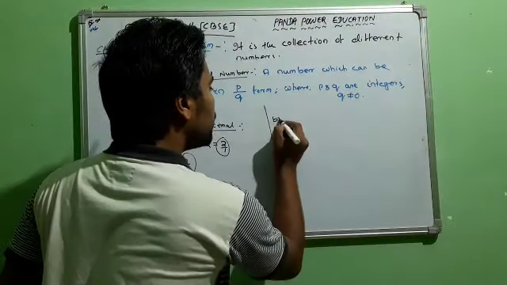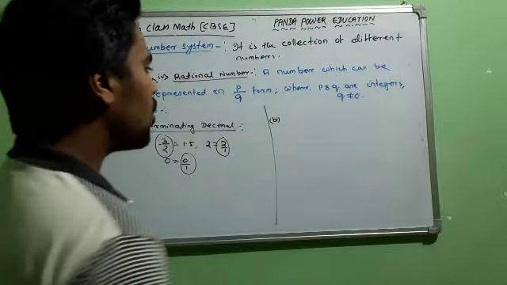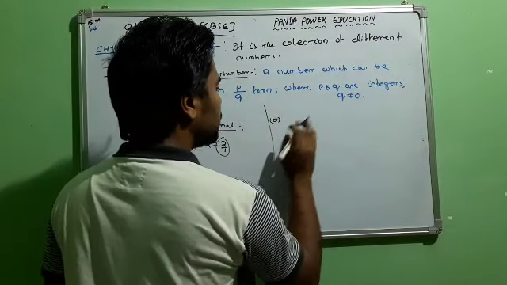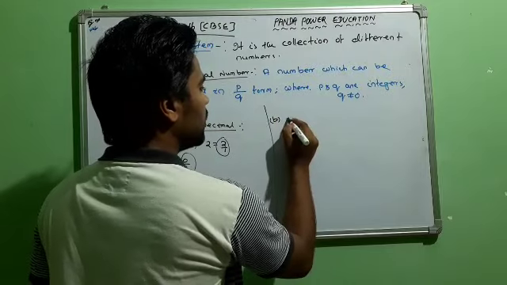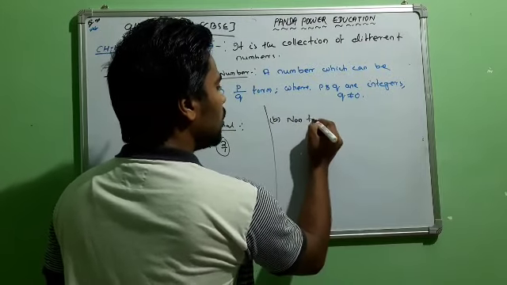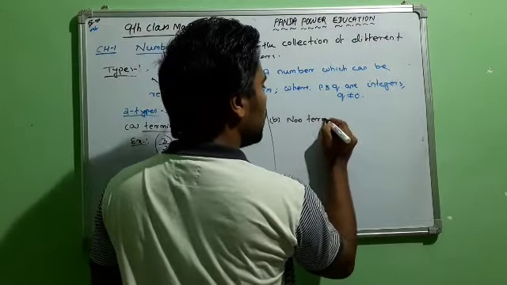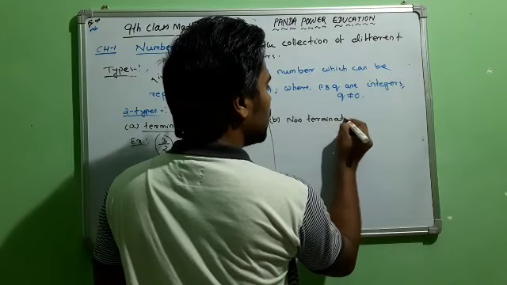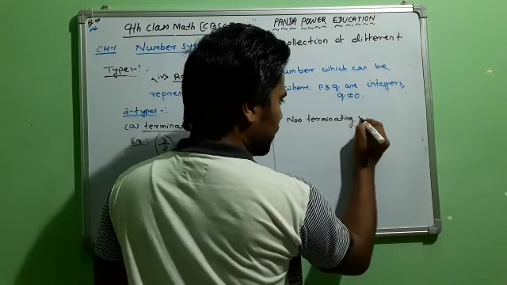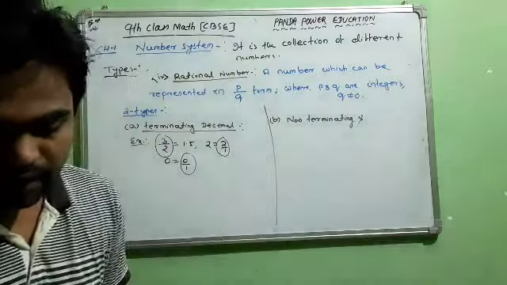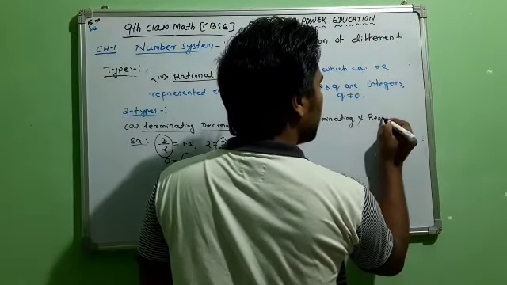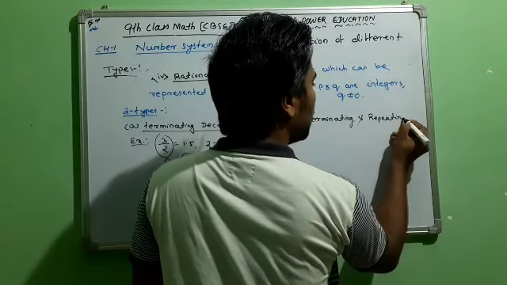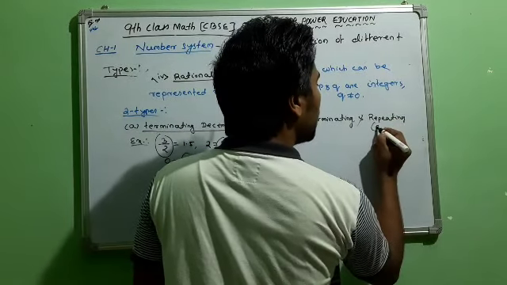Next case, B: non-terminating and repeating, also called recurring.